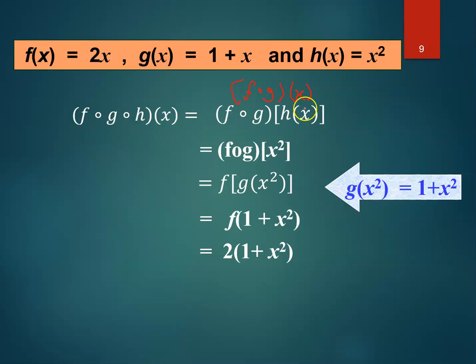So it's no longer x, it becomes h(x). So you refer back, what is your h(x)? Your h(x) is actually x squared, so that's why you have x squared over here.